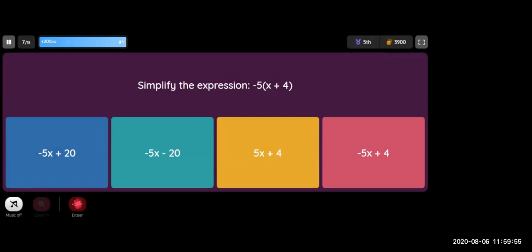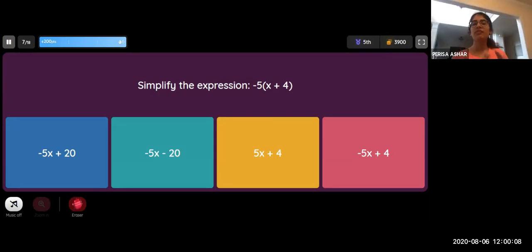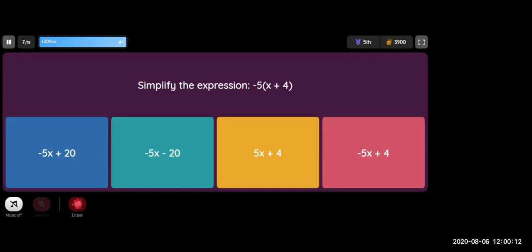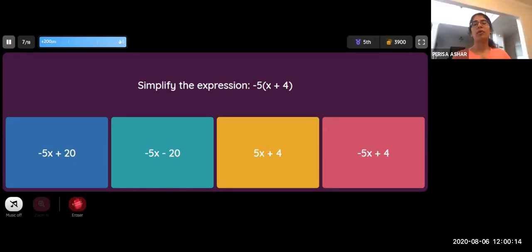In this example, you have to use the distributive property. I don't know how many people know what that is. Think of it as there's a coefficient in front of the expression itself. Good job got this correct because -5 is right in front of the expression.